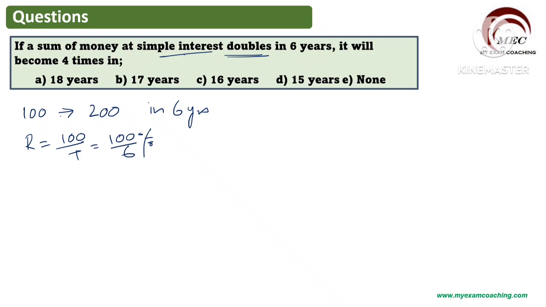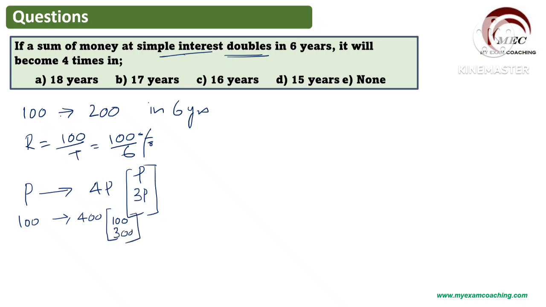Now when it becomes 4 times, P will become 4P, where P is invested and 3P is the interest. That means if we deposit 100 rupees, this will become 400. So 100 rupees we have deposited and 300 rupees is our interest.